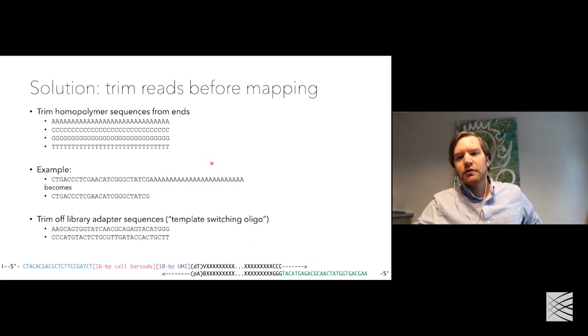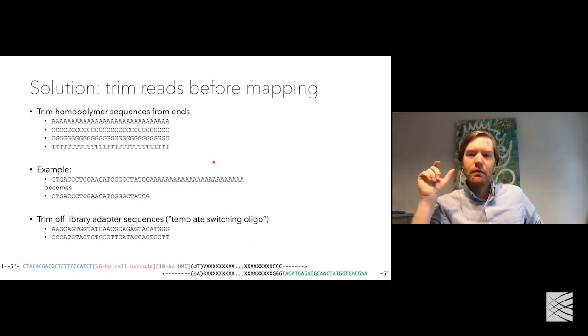I assume that they're doing that just to be as conservative as possible and say, well, we really don't want to trim out anything that we don't have a rock solid justification for trimming out, which is a rationale I can completely understand. But from my observations of many data sets, it does seem there are other types of technical artifacts that lead to these homopolymer stretches in reads.